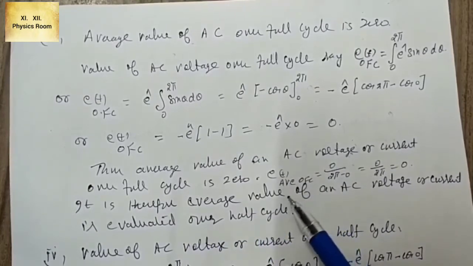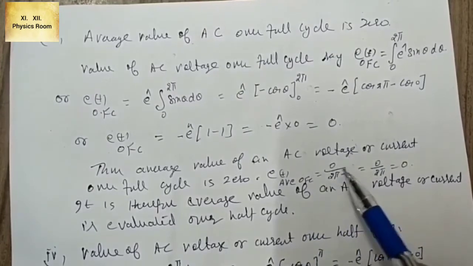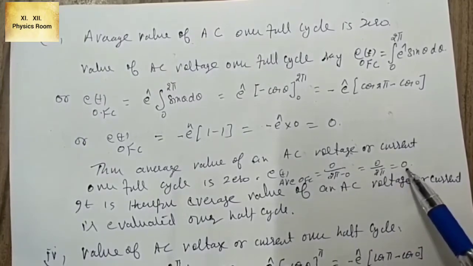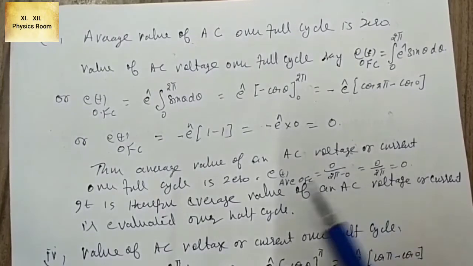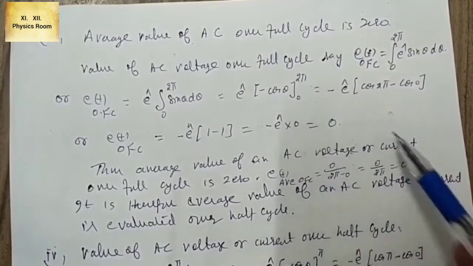Therefore, the average value of E(t), averaged over a full cycle, is equal to 0 divided by (2 pi minus 0), that is 0 by 2 pi, which is equal to 0. So this is the average value of AC voltage or current. If you take the current equation, then it will be for current.